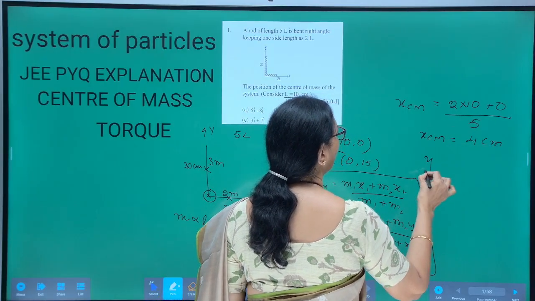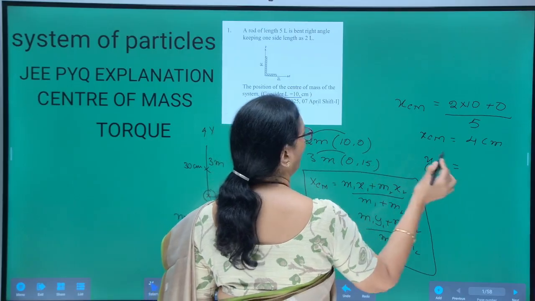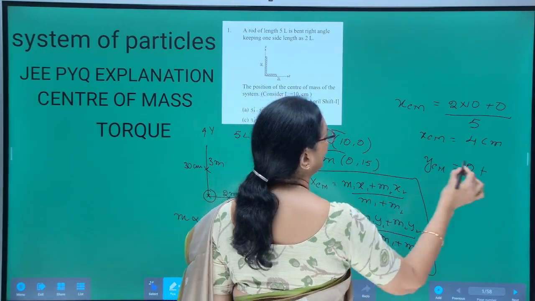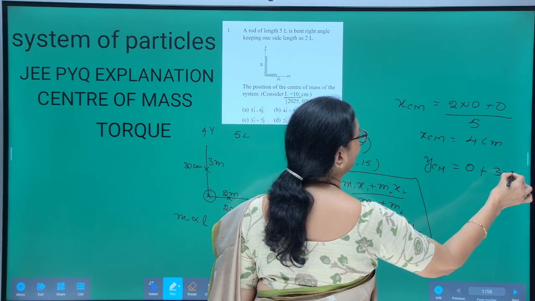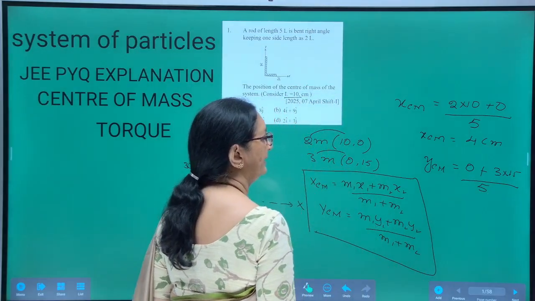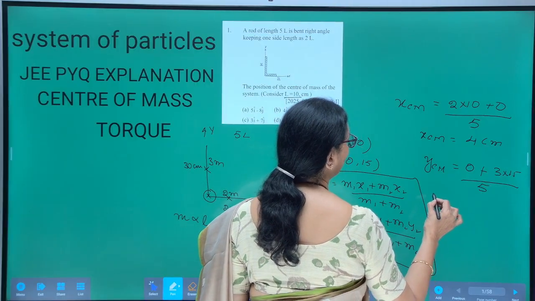centimeters. Similarly, y coordinate of center of mass is m1 y1 plus m2 y2, 3m into 15 or 3 into 15 divided by 5m, anyway m gets cancelled. So, it is 45 by 5, it is 9 centimeters.